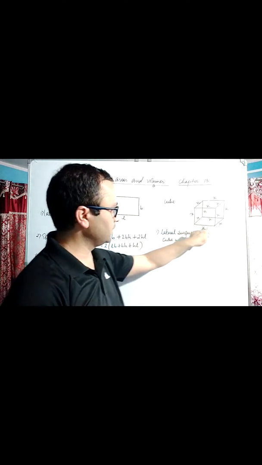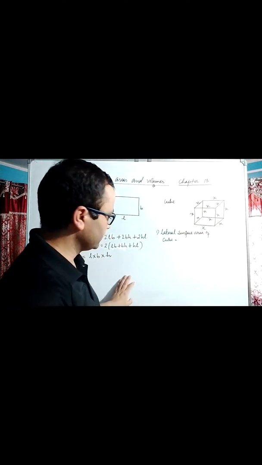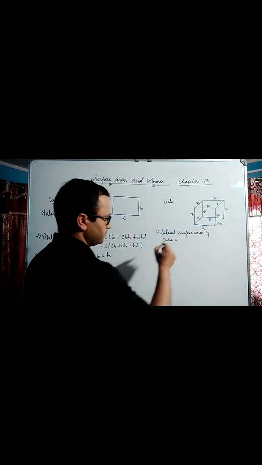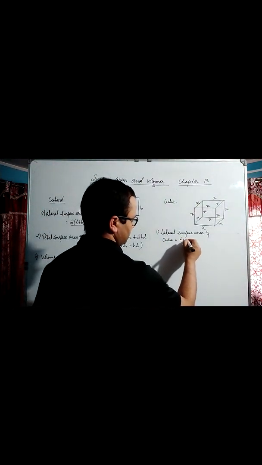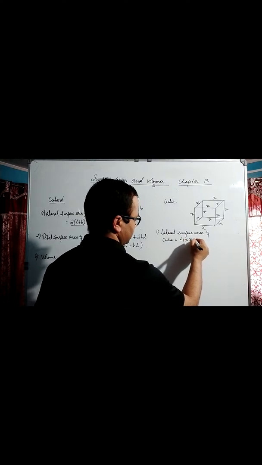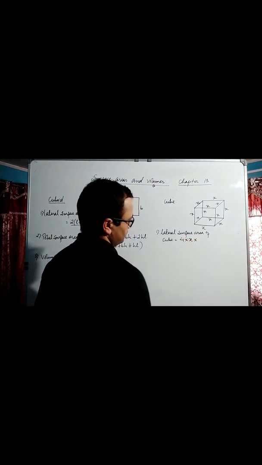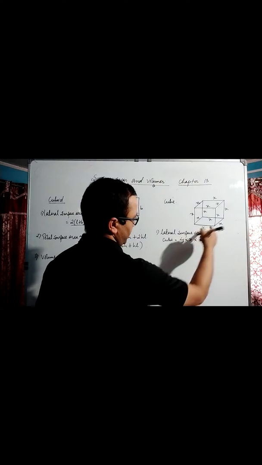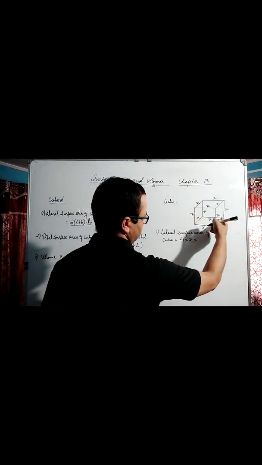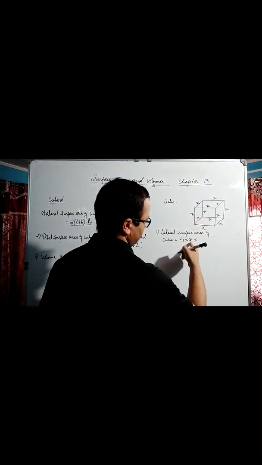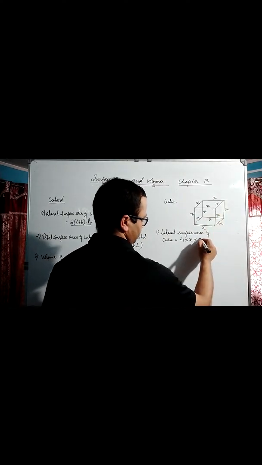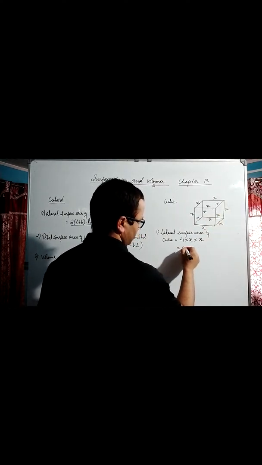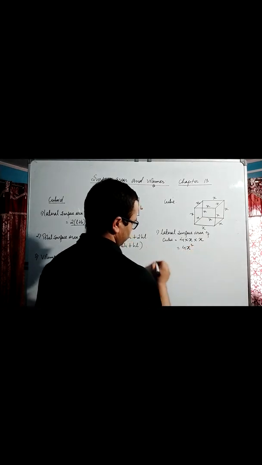The perimeter of a square is 4 into side. Now the height is x. So this equals 4 into x square, 4x squared.